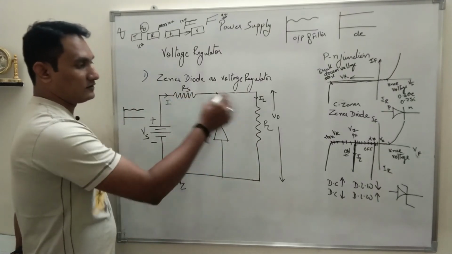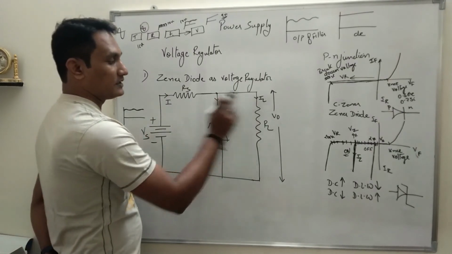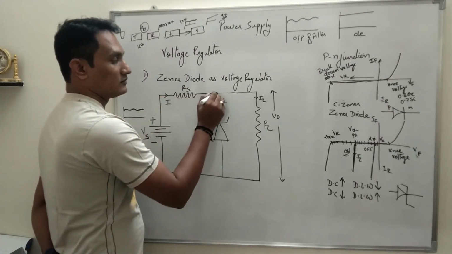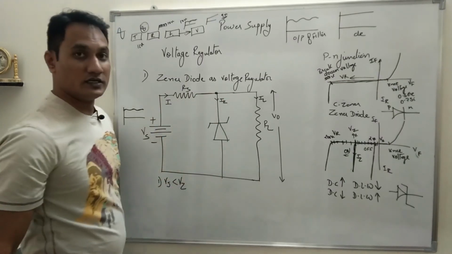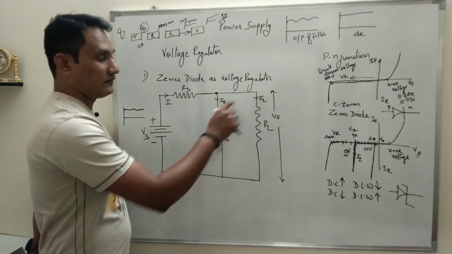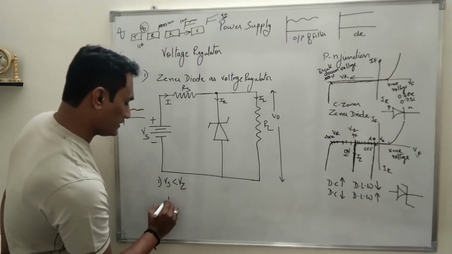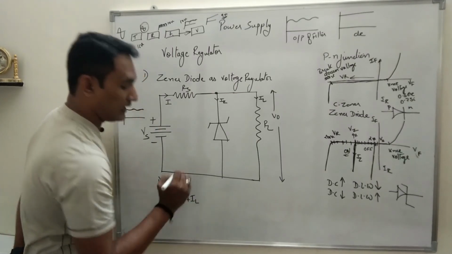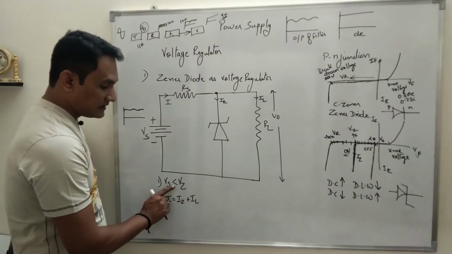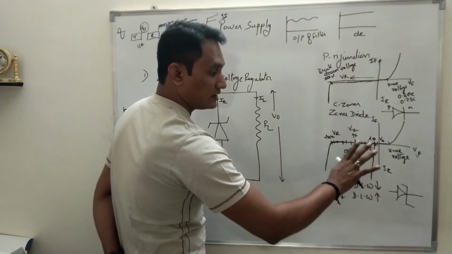From this circuit we get one current equation, I is equal to Iz plus IL. If you apply Kirchhoff's current law here, the total current entering the node is equal to the total current flowing away from the node. So the equation is I is equal to Iz plus IL. But when Vs is less than Vz, the Zener diode is not in the breakdown region.